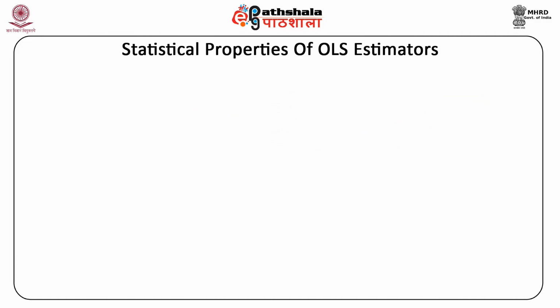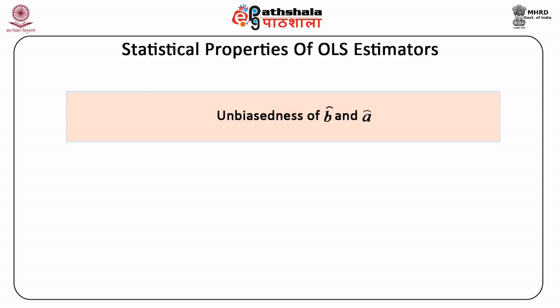The next property is unbiasedness of B hat and A hat.